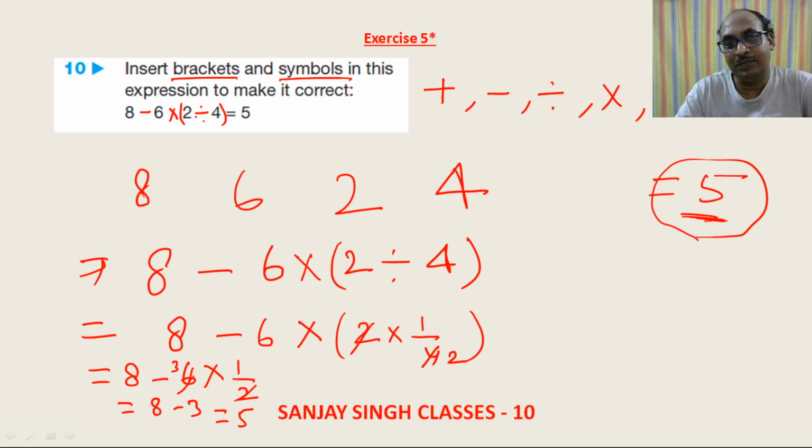Sometimes you may not get it immediately. You may say, sir, how exactly did you put it? You have to think a little bit and go for some trial and error, 2-3 times you need to try. You can also do some calculations in your mind, and then you can put the symbols and brackets.